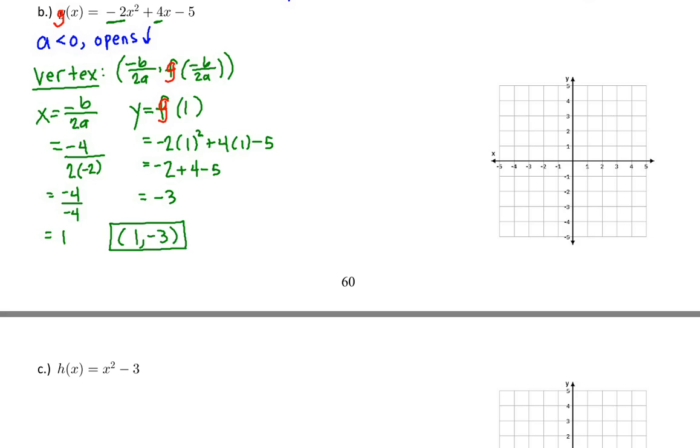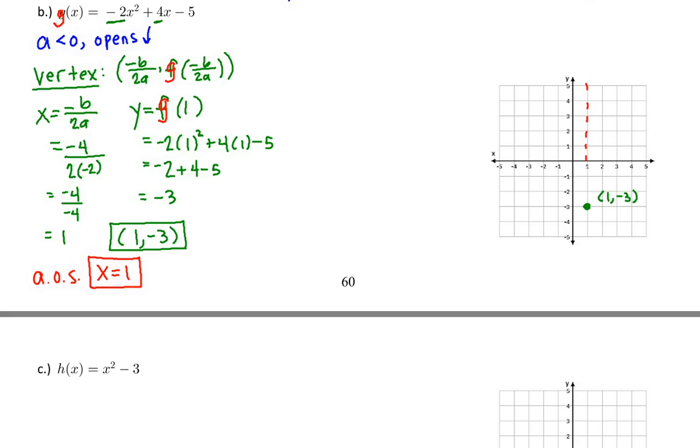While we're here, let's go ahead and recognize the equation for our axis of symmetry. That's x equal to the x-coordinate of our vertex. So we have vertex (1, -3), and x equals 1.